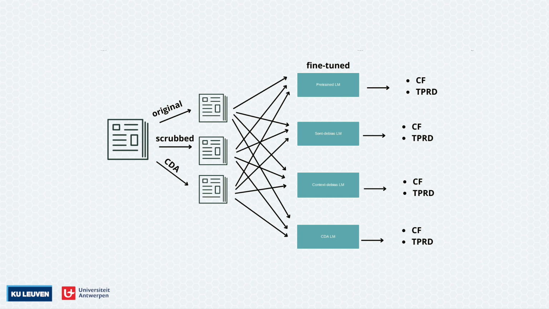For the downstream interventions, we have the original dataset, the scrubbed version of it, and the swap version, which we also call the CDA version of the dataset. We then pass these through the debiased models and evaluate these versions using two metrics we introduced earlier, which are counterfactual fairness and the true positive rate difference.